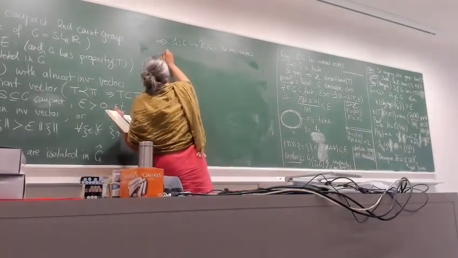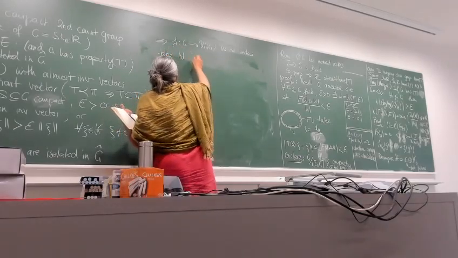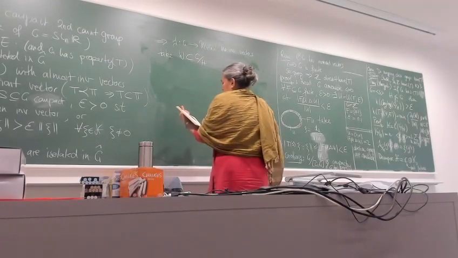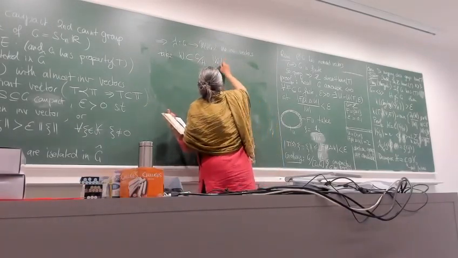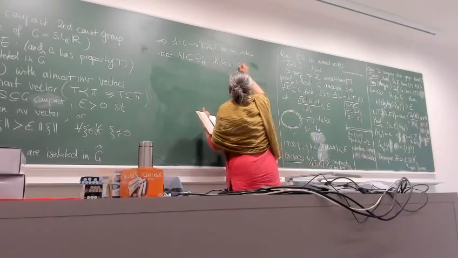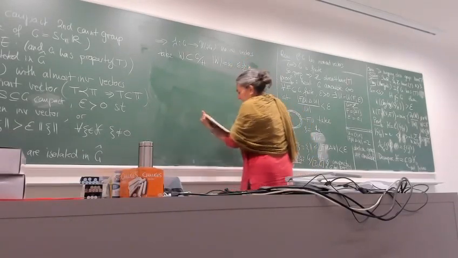Now you're going to take W contained in G mod H, and you want the cardinality of W, which I'm going to denote by little w, to be less than or equal to half n.